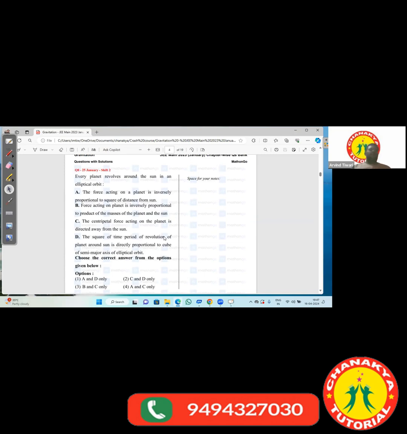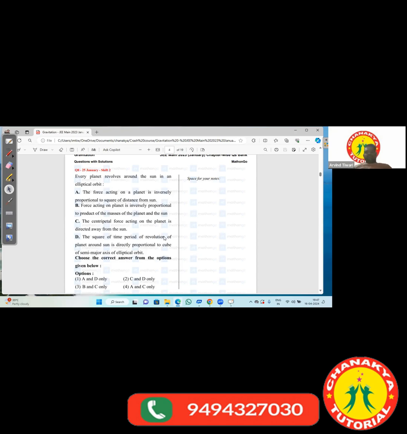Question 8. Every planet revolves around the sun in an elliptical orbit. A: The force acting on a planet is inversely proportional to the square of distance from the sun. B: The force acting on the planet is inversely proportional to the product of masses of the planet and the sun.